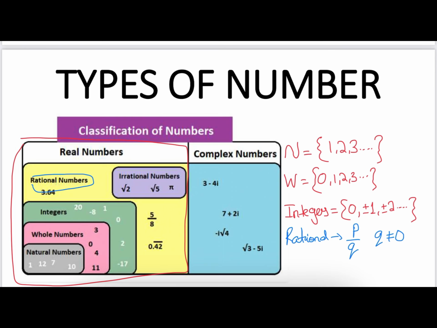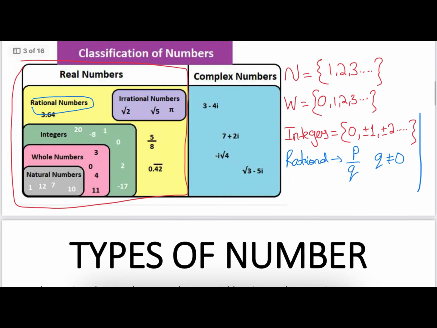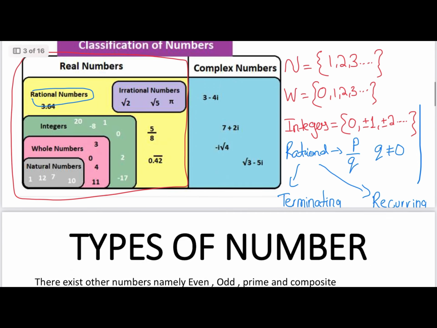In rational numbers we have two types: one is terminating decimal, and the second is recurring. Recurring means repeating. So what do these two mean? I am giving you an example to understand.